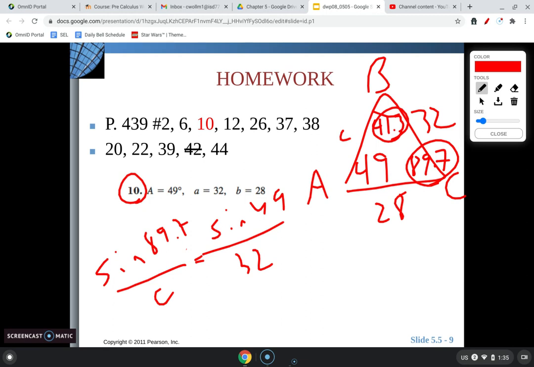That's not right, is it? Oh, I'm sorry. It'd be 32 sine 89.7 divided by the sine of 49. There we go. 42.40. So there are your 3 missing sides.